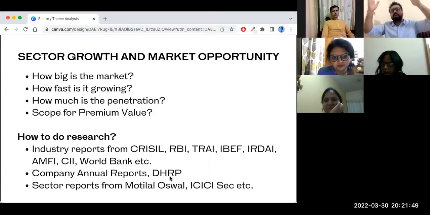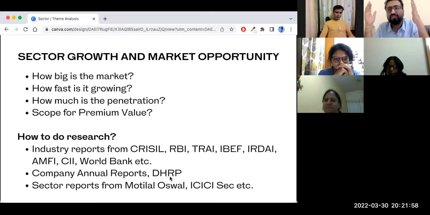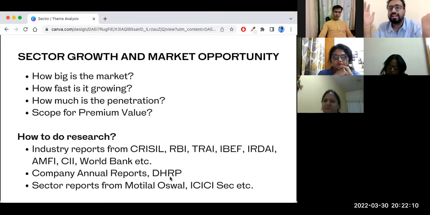In terms of how accurate the information is that you get from all these different reports, always rely on the first step first, which is getting industry reports from CRISIL, RBI, TRAI, IBF, which are centralized body reports that you are actually reading.